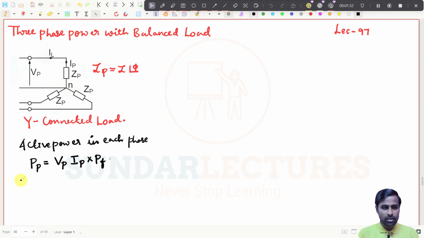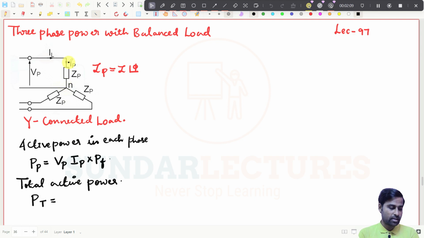If you want to find the total active power, PT will be the sum of PA, PB, PC. If you consider this is one phase, this is the second phase, and this is the third phase, all these values will come again.